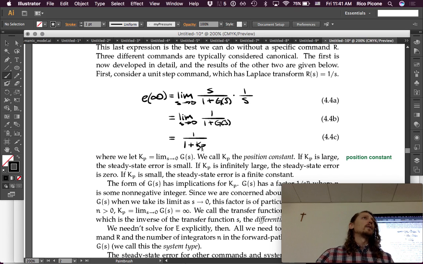If kp goes to infinity, this fraction goes to 0. If kp is small, the steady state error is a finite constant, right? So if kp goes to 0, then the error is 1. Steady state error is 1. But if kp is just small, it's some fraction of 1.